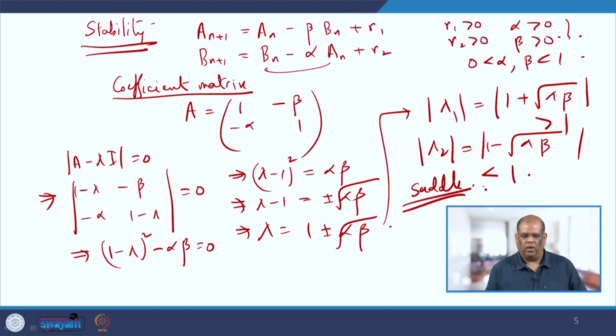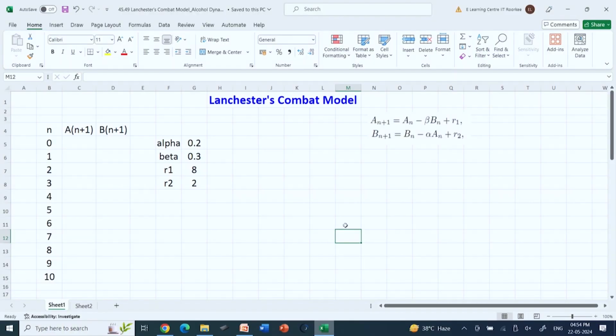Now, let us look into the numerical solution of this particular model, for which we use Microsoft Excel. Okay. So, I already have the equations here. The value of alpha is 0.3, the value of beta is 0.2, R1 is 3 and R2 is 2.